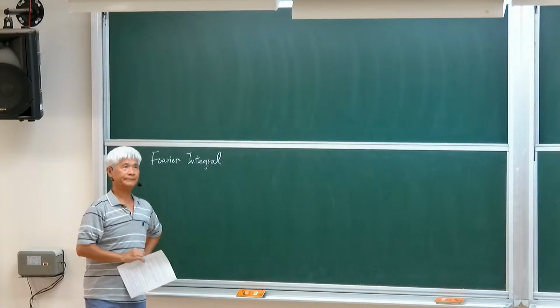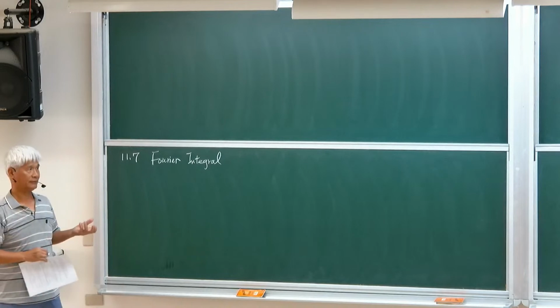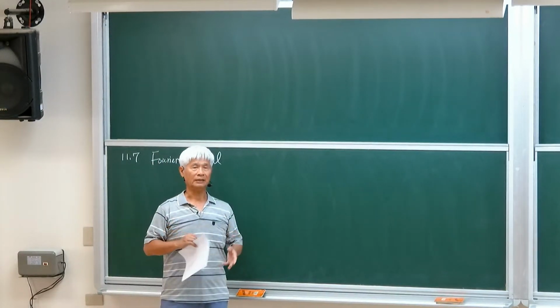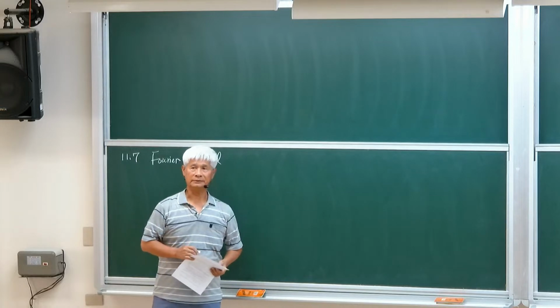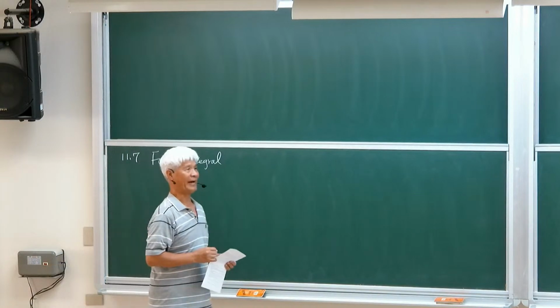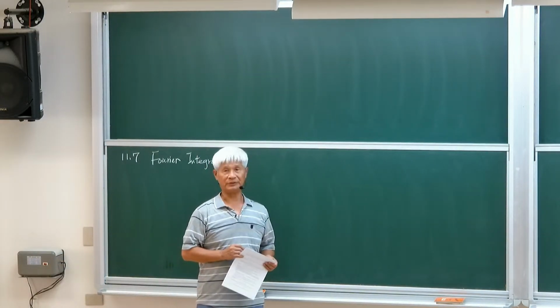Okay, so up to now we considered periodic functions as well as functions defined on a finite closed interval, and represented them by trigonometric Fourier series or generalized Fourier series.